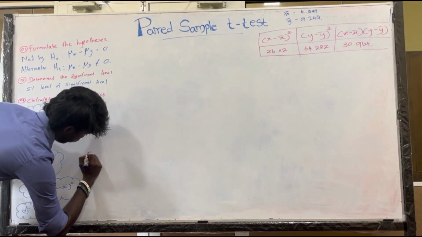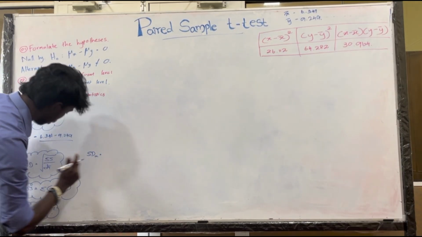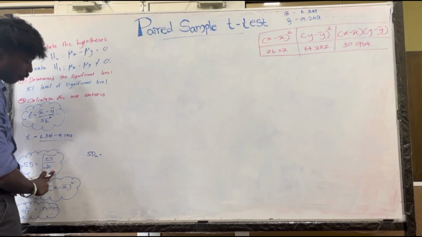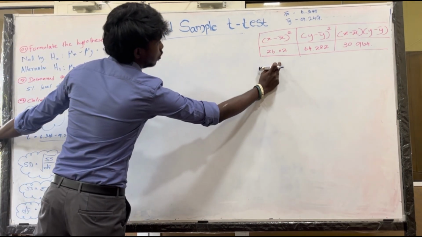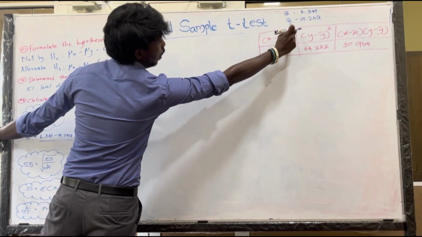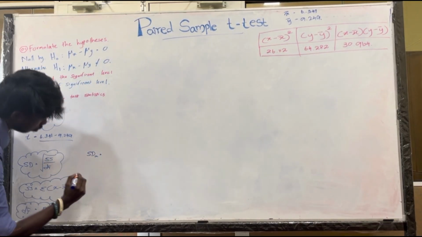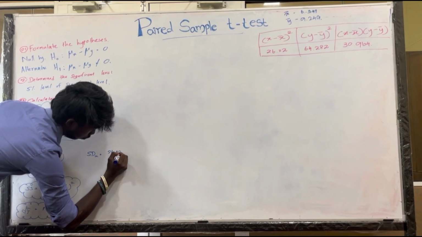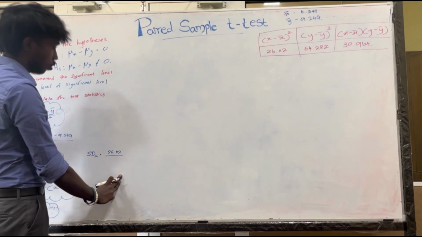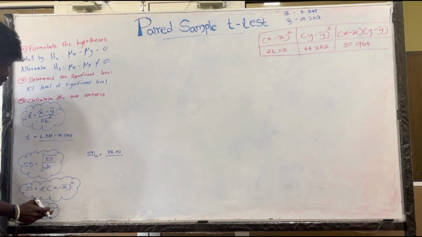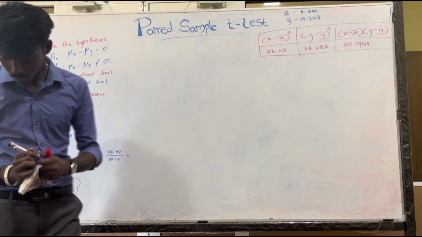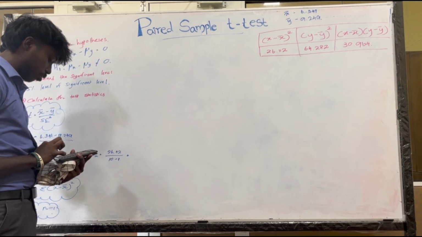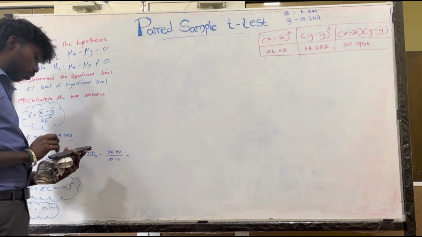Let's calculate the standard deviation of x, which equals the square root of the sum of squares of x divided by the degrees of freedom of x. The sum of squares of x is this one, sigma x minus x bar to the power 2, which is 26.112, divided by the 10 selected companies. So degrees of freedom is n minus 1, so the number of companies is 10 minus 1, which equals 9. 26.112 divided by 10 minus 1 equals 9.